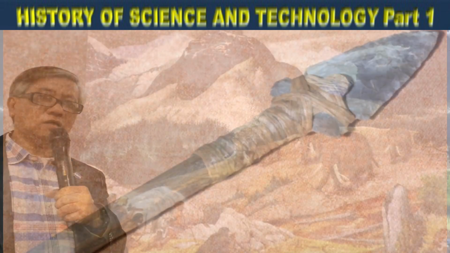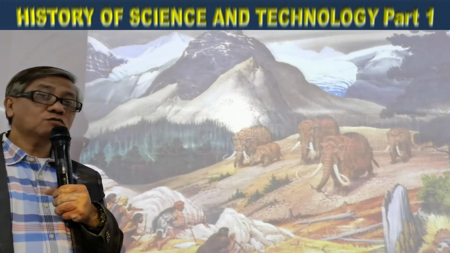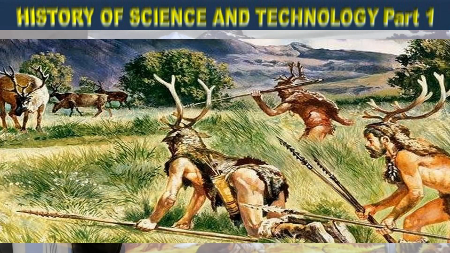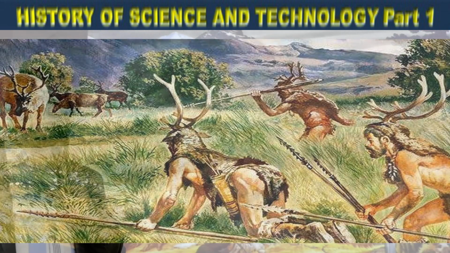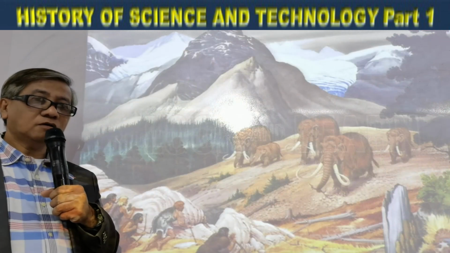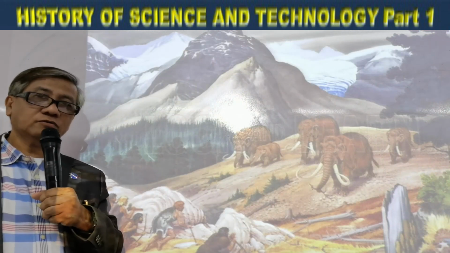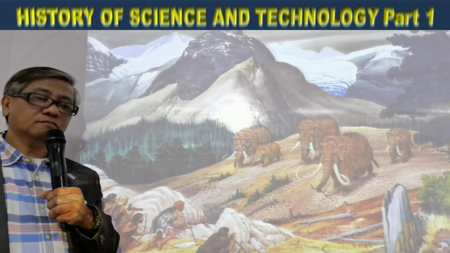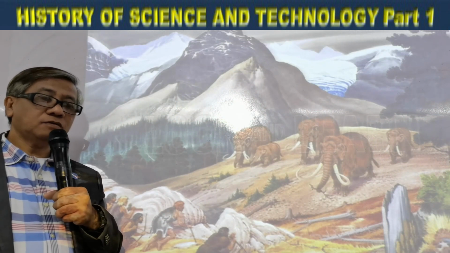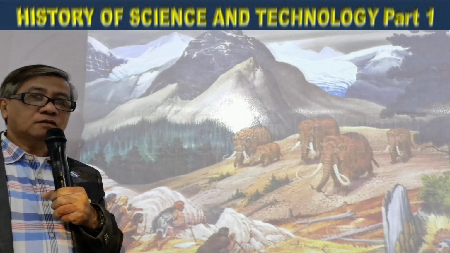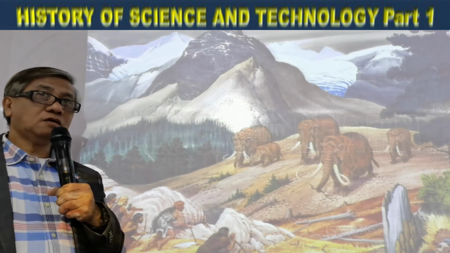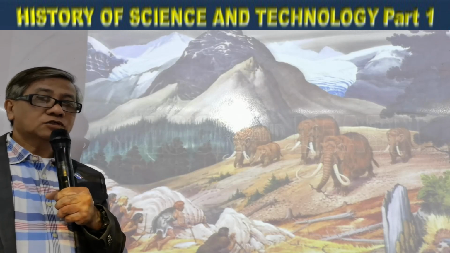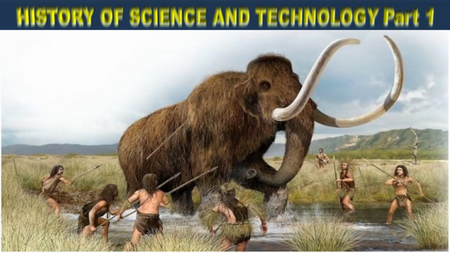But before they could hunt animals, they needed to observe the behavior of the animals. So if you will notice in this illustration, we have our prehistoric ancestors observing the behavior of the woolly mammoth. By observing the behavior of the woolly mammoth, they can strategize or plan so that they can hunt the woolly mammoth effectively.